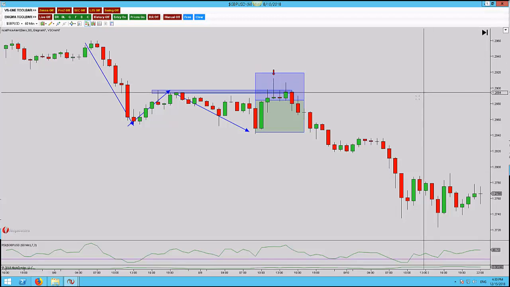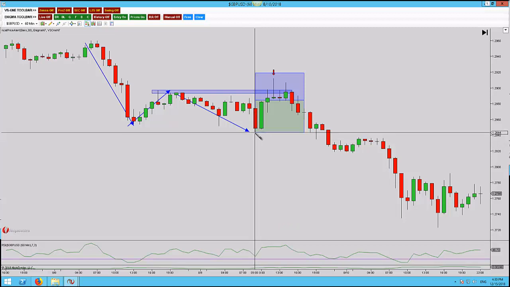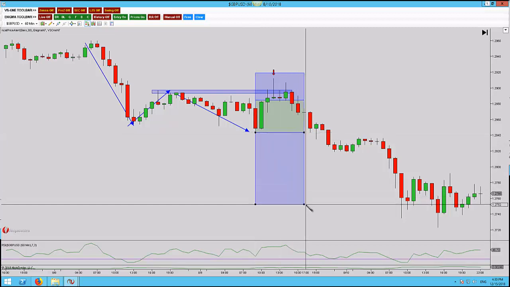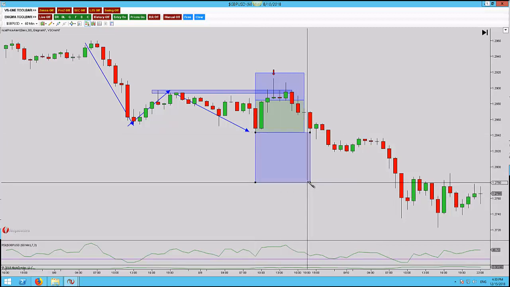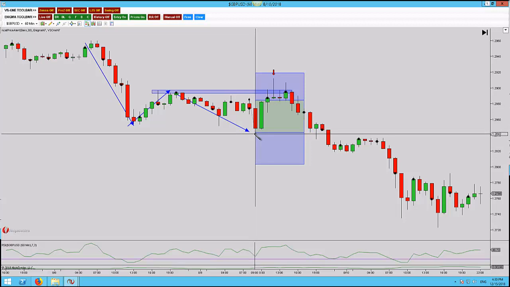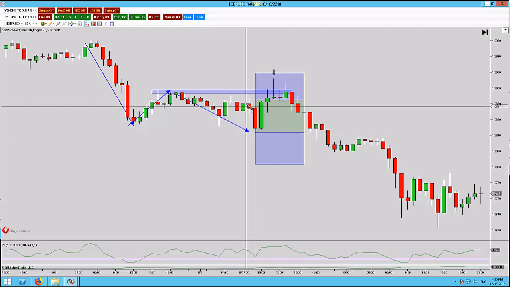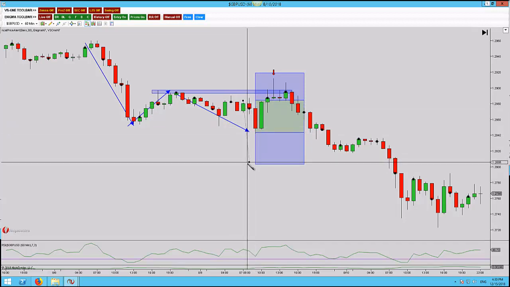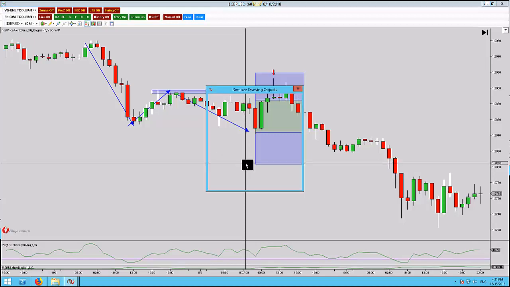I've just seen that. So secondary targets were a couple of pips above 12800. Which is there. So let's work this out. That's 21 and 40, so that's plus 61. Doing very well, 2 for 2 here.